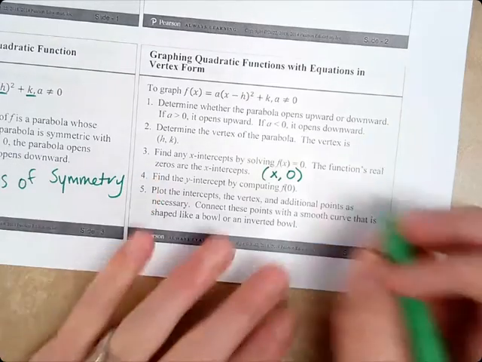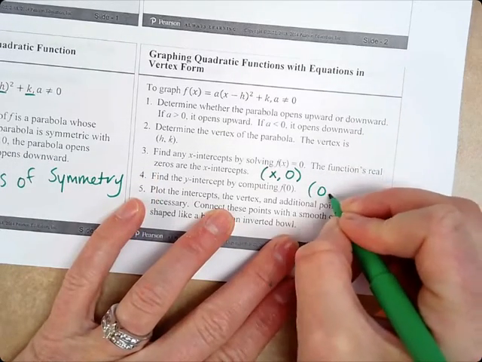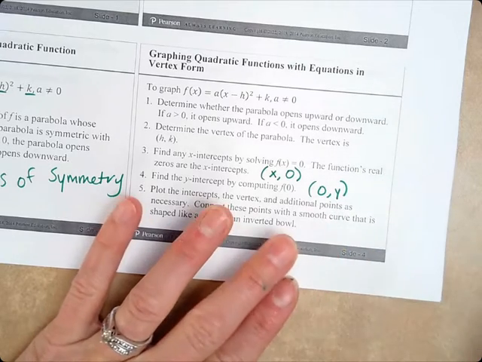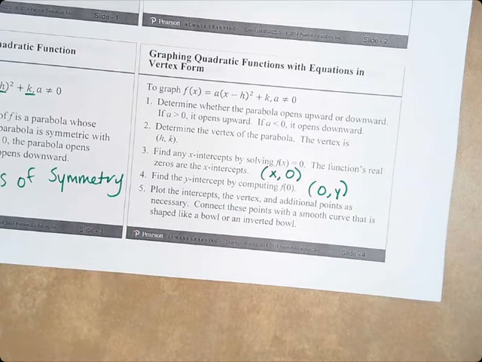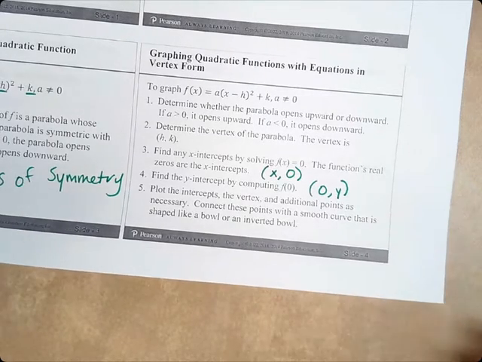Y-intercept, you will have one of those. It's where you have a 0 for x and a number for y. And you'll use all of this information to help you graph it in the shape of a parabola.